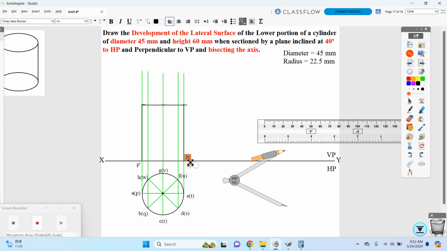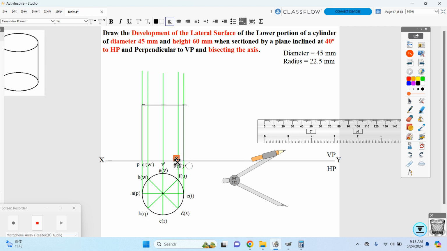Okay, the points on this xy plane: q dash of w dash over here, then on this side, in the middle, it is v dash. Then on this point, it is s dash of u dash.